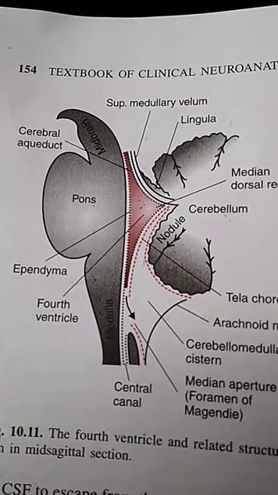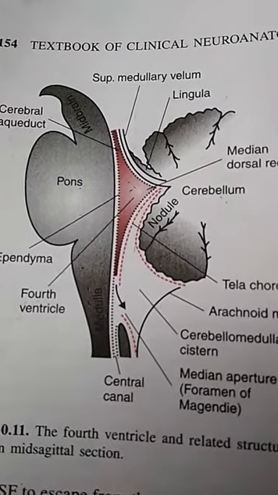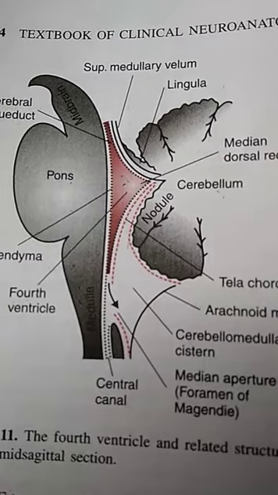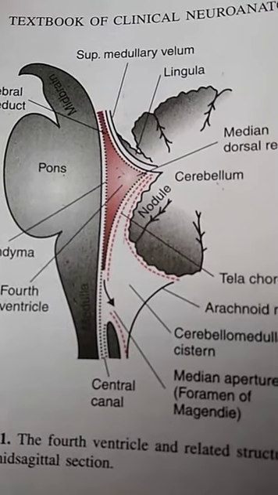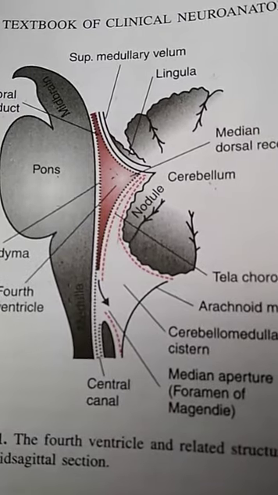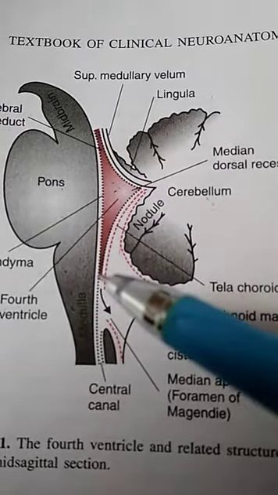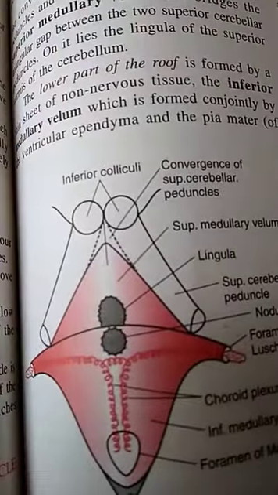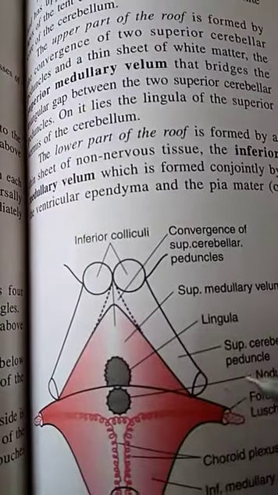So having learned the 5 recesses of the fourth ventricle, we will now learn the angles of the fourth ventricle. The cavity of the fourth ventricle has a total of 4 angles: superior angle, inferior angle and 2 lateral angles.